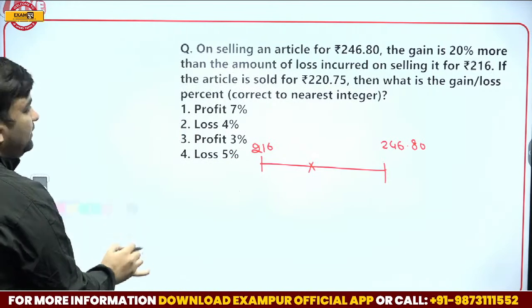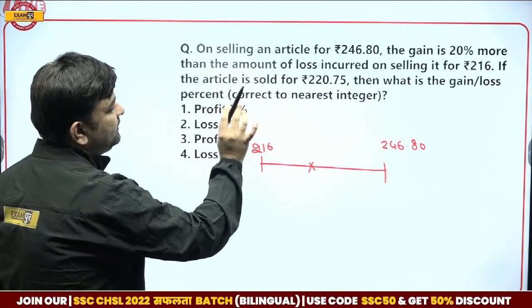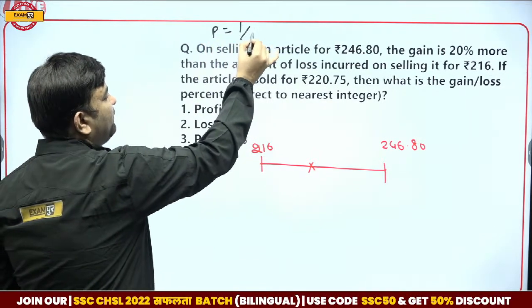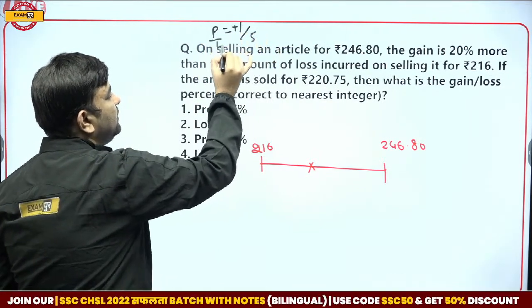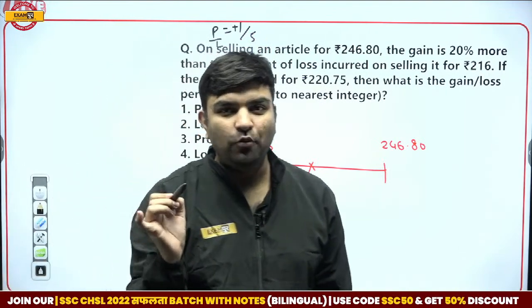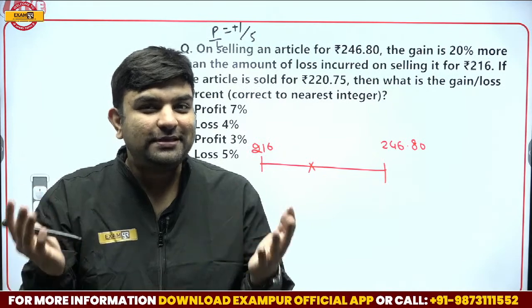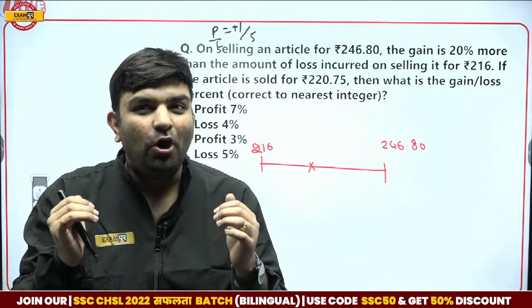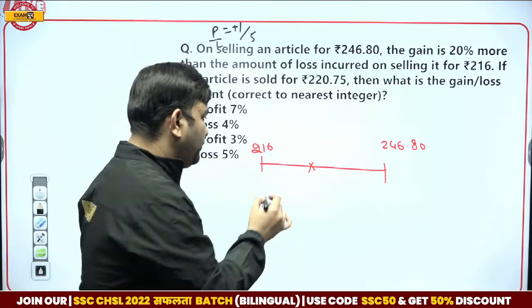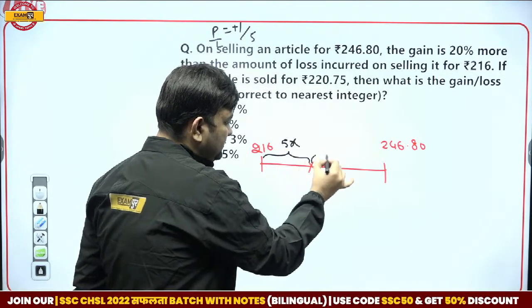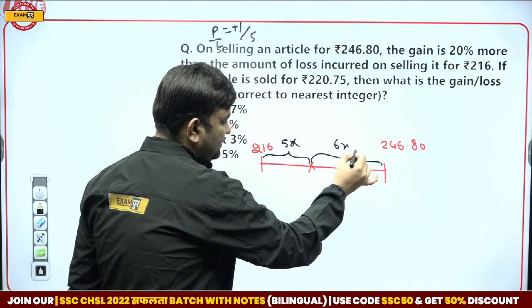Now, it is said that profit is 20% more. So you will say, sir, profit is 1 by 5 more than the loss. So if loss is 5x, then profit is 6x.